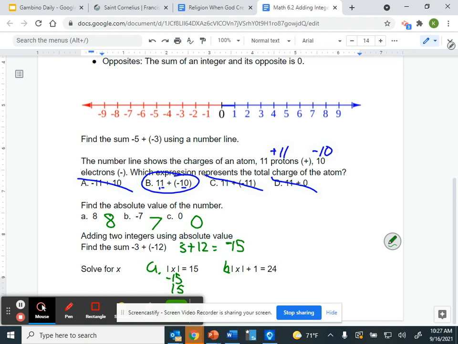Look at our second one. This time we have absolute value of x plus 1 equals 24. What could x be? Brielle? So if I put negative 24 plus 1, is that going to equal 24? Do you want to change your answer? Remember, we're doing absolute value.